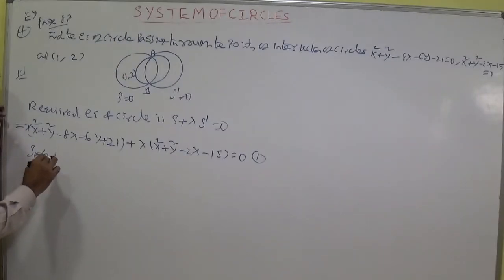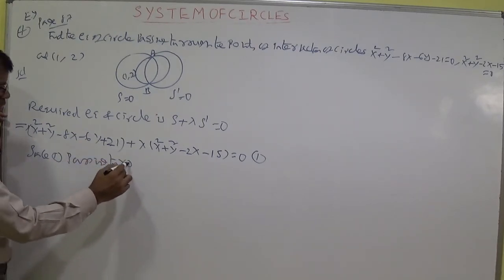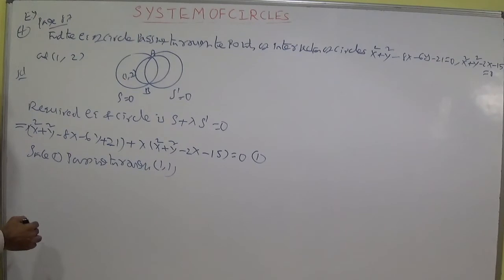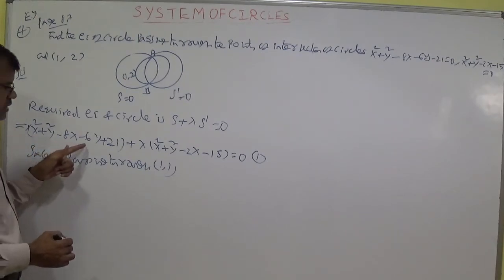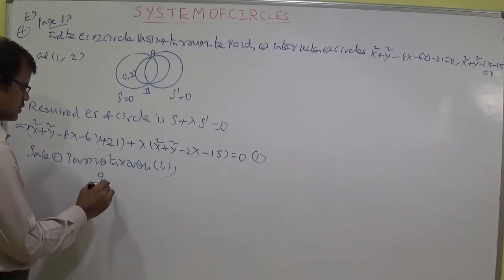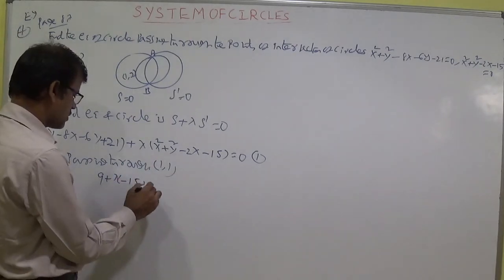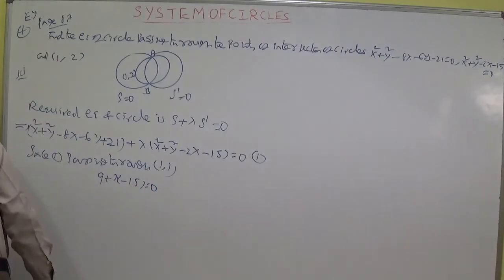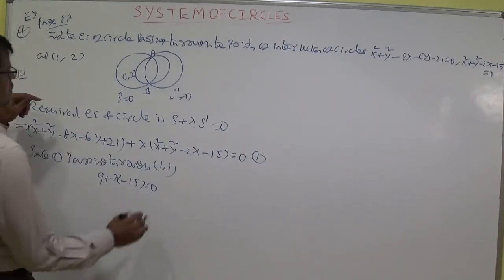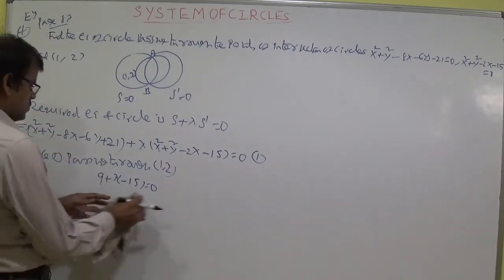Since this is passing through the point given as 1 comma 2, students, not 1 comma 1, substitute the values here.